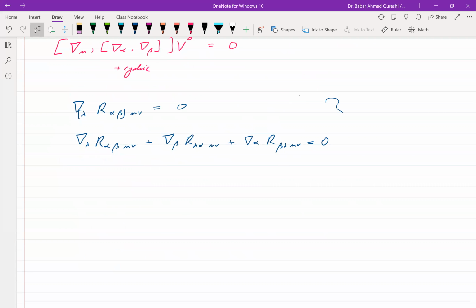This equation is very important, although it's just a consequence of the Jacobi. It wasn't actually realized for a long time, and when Einstein was deriving his equations, he was thoroughly confused for a few years. He got the wrong equations and was extremely worried. And the resolution actually came through this equation. This is called the Bianchi identity.